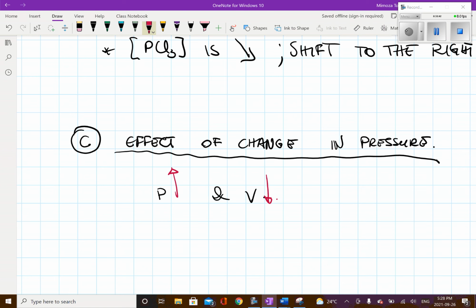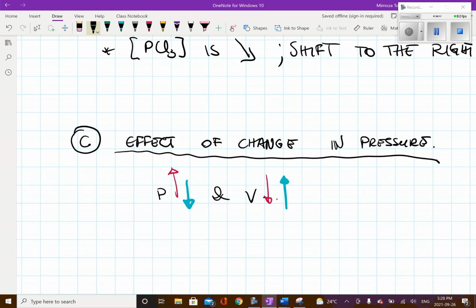Think about it, if you have a cylinder with a movable piston on it, then when you increase the pressure, you decrease the volume. And if you decrease the pressure, then you increase the volume. So more moles of gas in a certain volume means higher pressure.